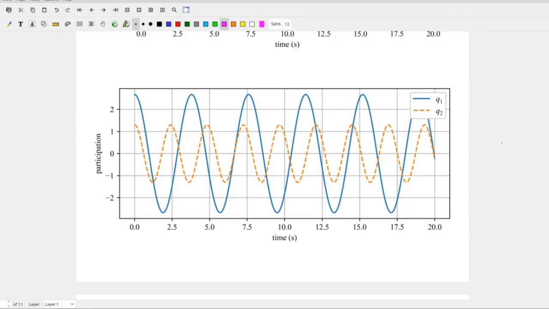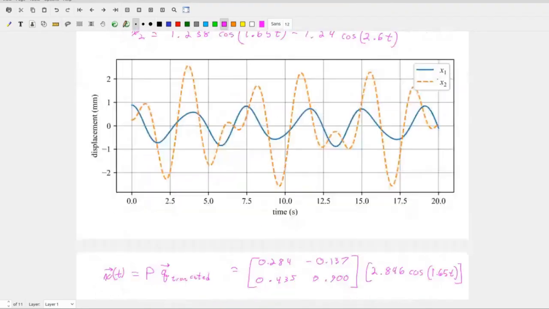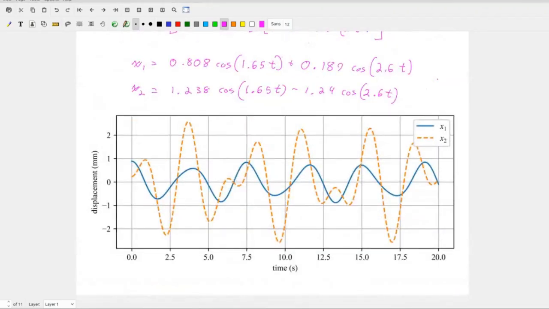There's not really a unit associated with that. It's a scalar. And you can see that at different times Q1 and Q2 are contributing differently. Mode 1 is contributing quite a bit here, and then mode 1 does not contribute at all at about 1 second. It's pretty much a mode 2 response, which is why you get this very complicated kind of time series response.